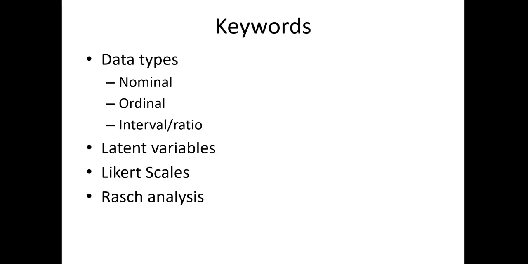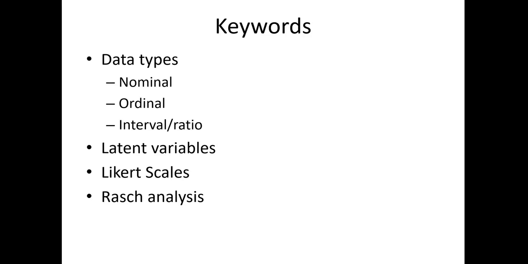We're going to also talk about latent variables a little bit. Latent variables are unobservable variables like fear, pain, things like that. We can't really see them directly, but we develop scales and surveys to get at where we are on a scale of, say, pain.